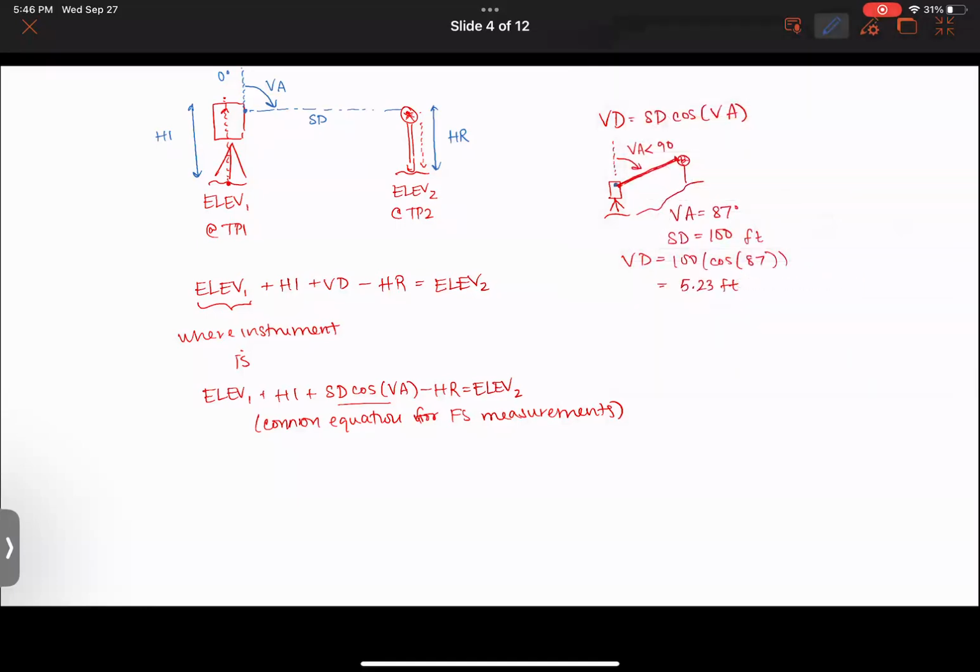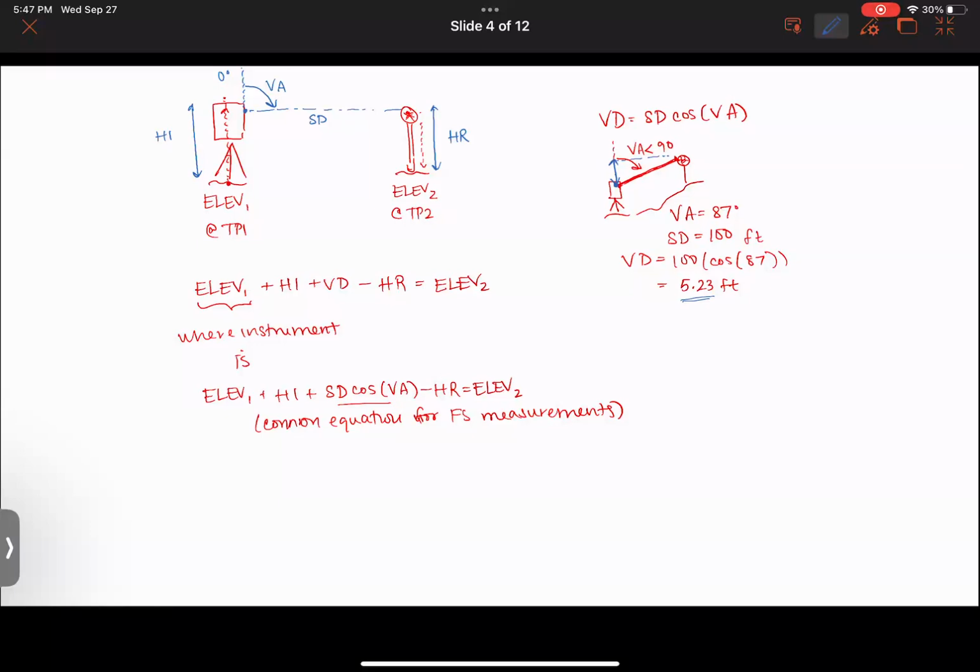It represents the difference between where you are viewing the rod and the location of the prism. And in this case, we would assume that you have to take into account the height of the instrument and the height of the rod, of course, right? But what this vertical distance is telling us is that the rod is higher than the location of the total station.